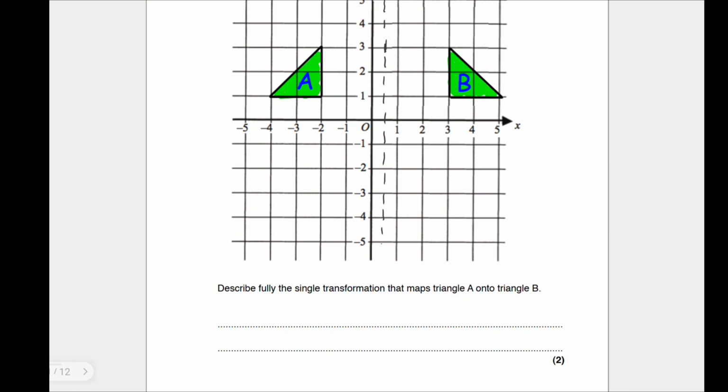So we say that triangle B is the reflection of triangle A over the line x equals half. Hope that makes sense.